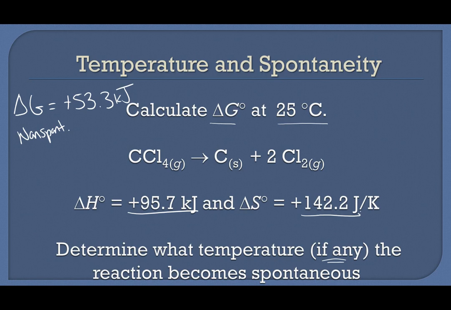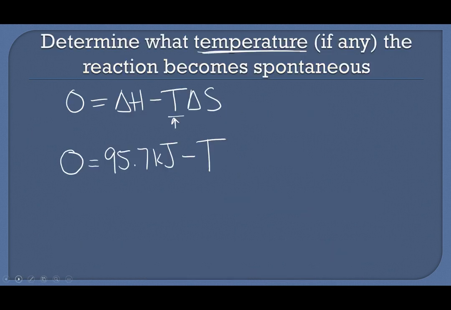And remember, delta S was given in joules, so we have to change the unit for one of them, and I changed delta S last time. So this is going to be 0.1422 kilojoules per Kelvin. Okay. Now it is our job to solve for T.